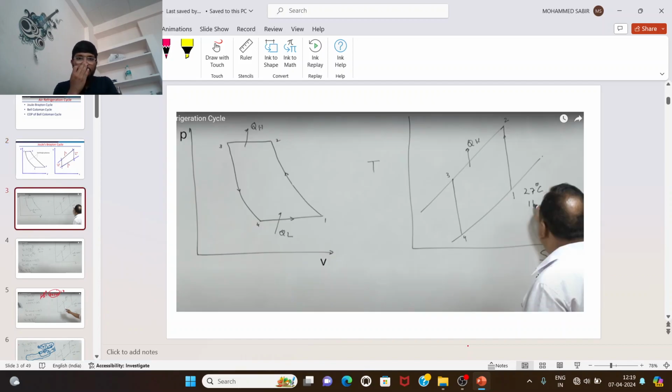Now we come to the basic Bell-Coleman cycle, the ideal air gas refrigeration cycle.